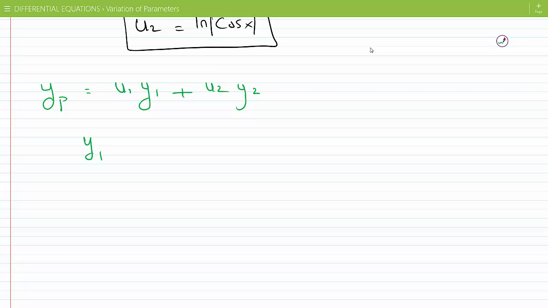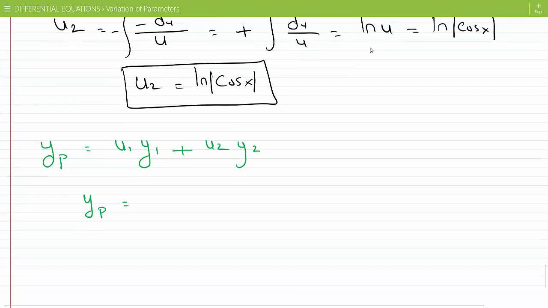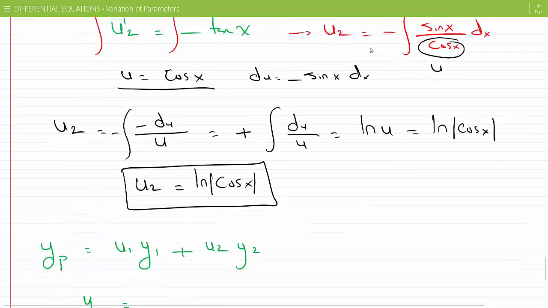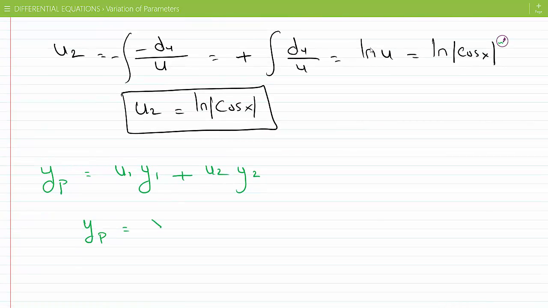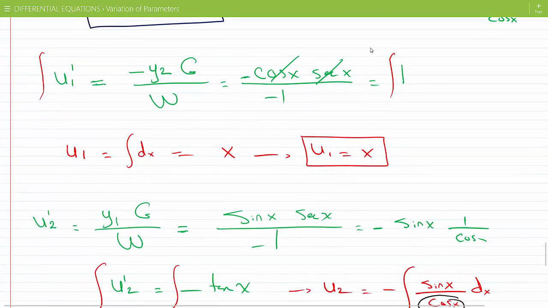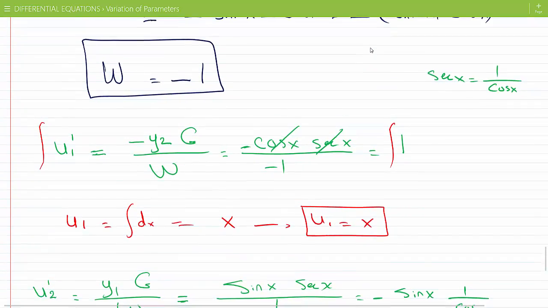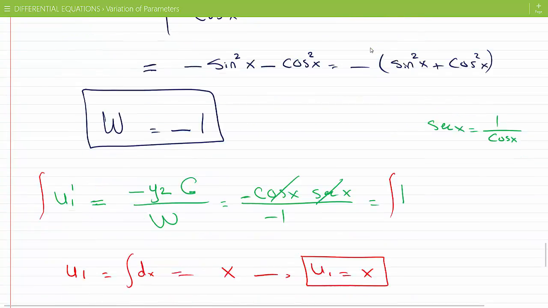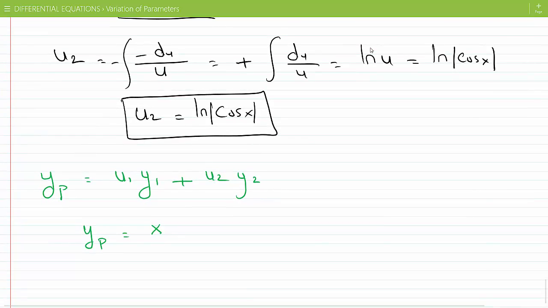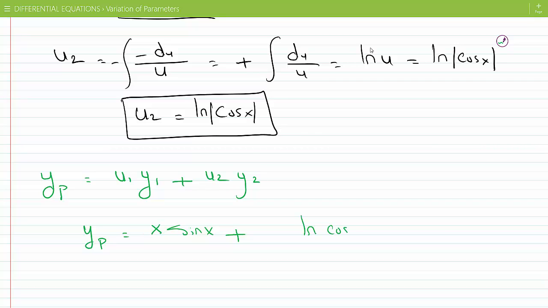That is u1, which is x, times y1, which is sine x, plus u2, ln absolute value of cosine x, times y2, cosine x.